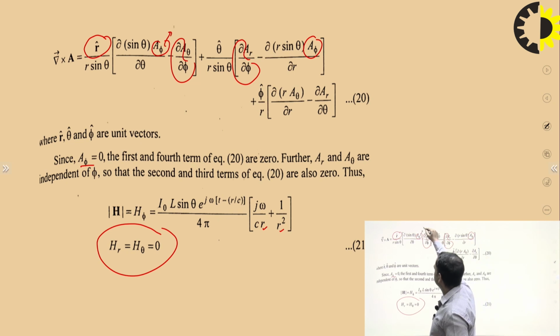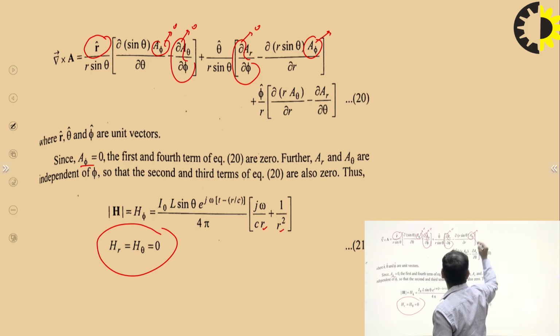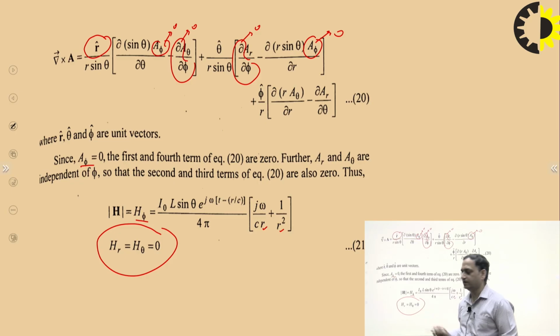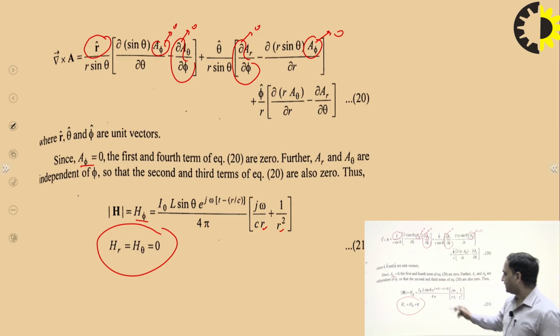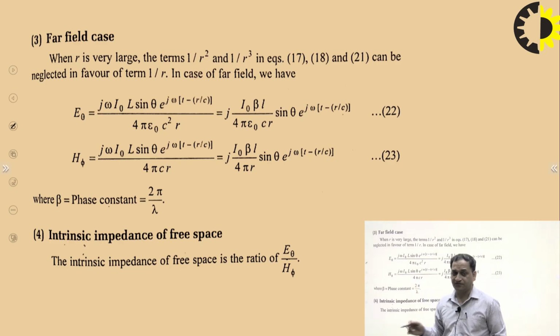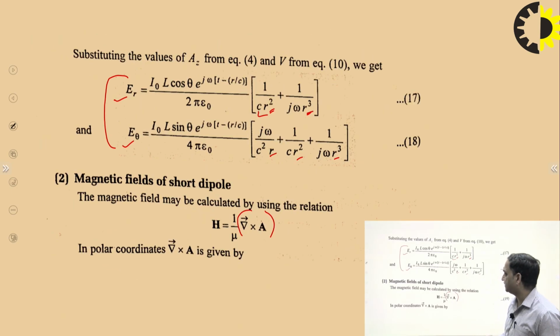So this is 0, this is 0, this one is 0 and this one is 0. So when these are all 0, what will be left? Only the H phi will be left. So in this way we can write these equations, right? So we see all the equations which we are getting are the equations for the far field. So let us come here again, for the far field, right?